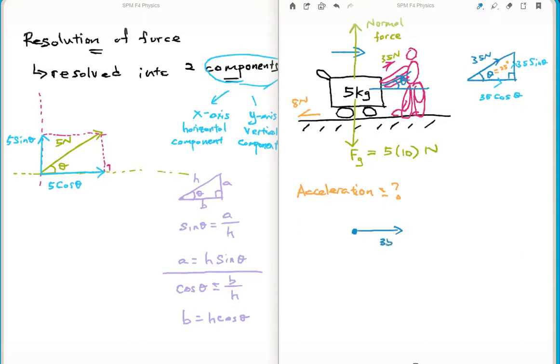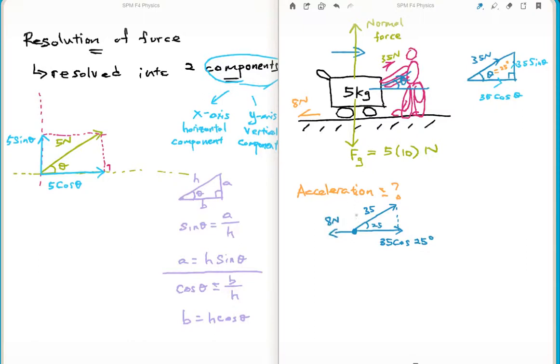It is 35 cos 25 degrees. This is the result from what I found earlier, so I will just transfer it here, to the right. And friction is to the left, which is 8 Newton.